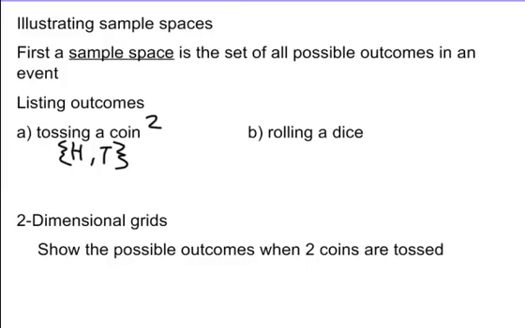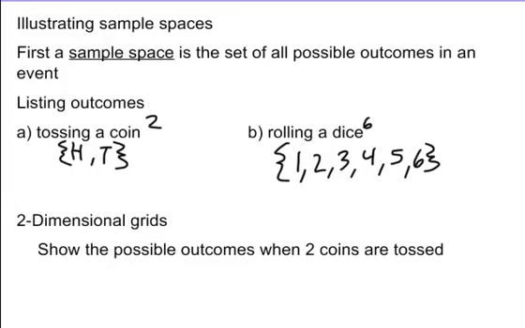Now, if we're rolling a fair dice, we're going to have 6 different outcomes, and these outcomes are going to be 1, 2, 3, 4, 5, and 6.